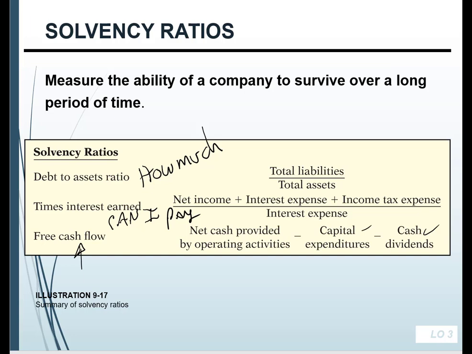Most of the time, we don't include cash dividends. Free cash flow typically means all the cash that's available to pay out to our investors. So that means interest on bonds, cash dividends to our shareholders, buying back debt, and also buying back stocks. So again, there's lots of different definitions, all similar meanings.